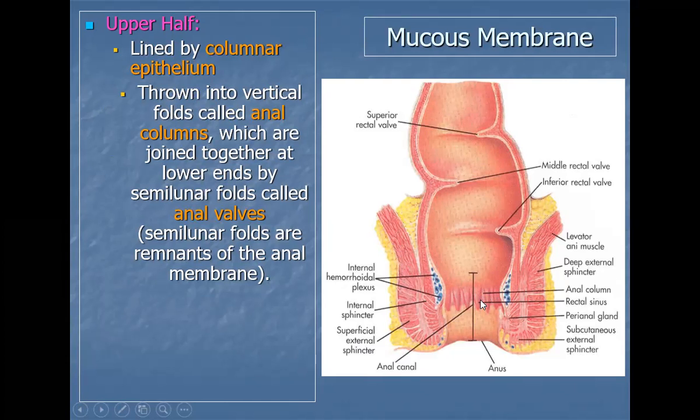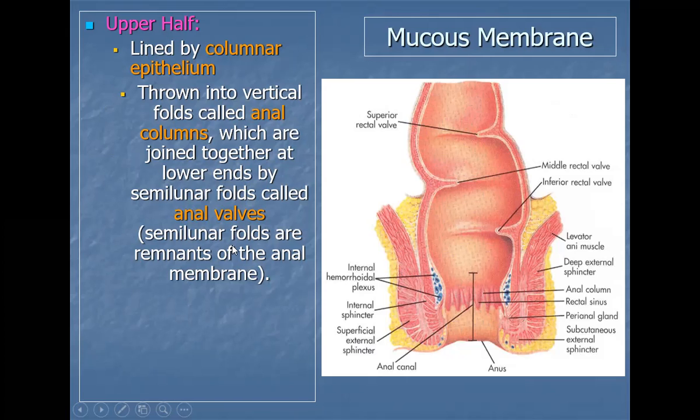These columns are joined together at the lower end by submucosal folds called the anal valves. Or they are called anal folds. They form a connection between one vertical column and the next. So these are the anal columns, and between them are the anal valves.